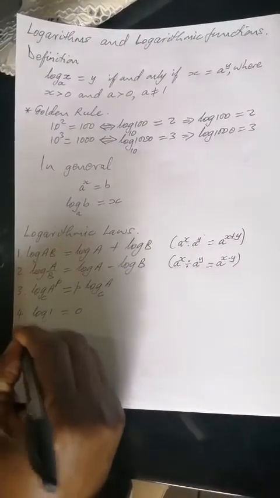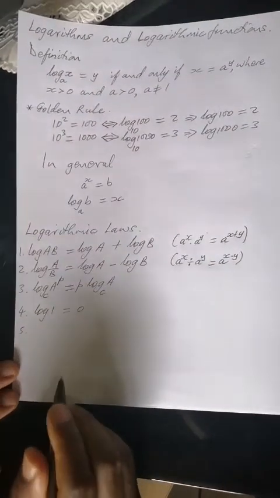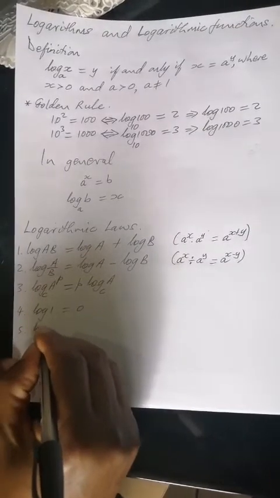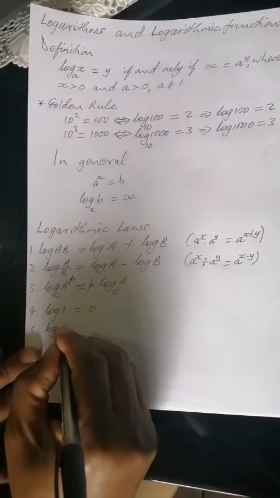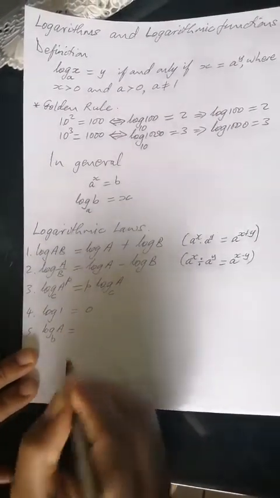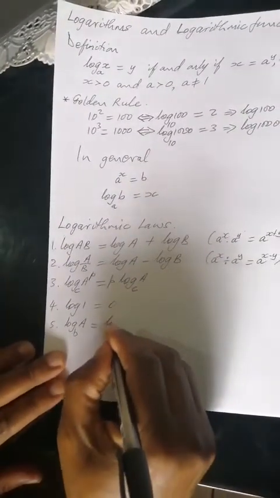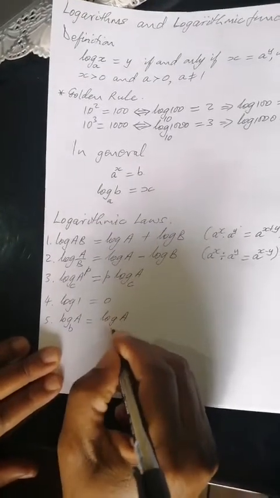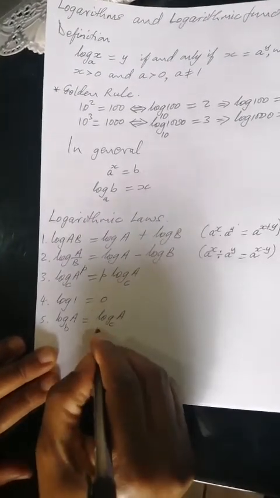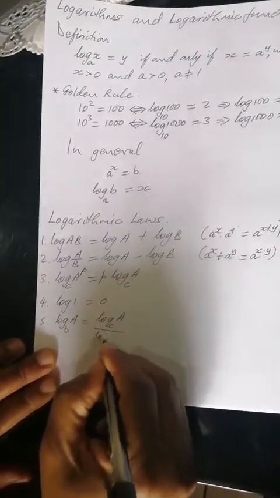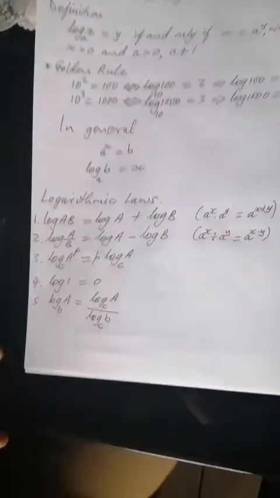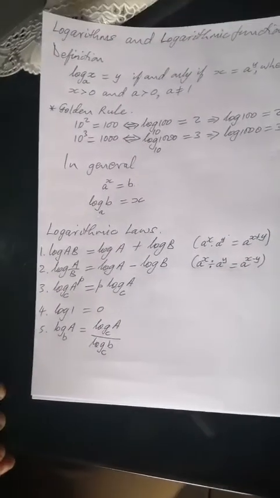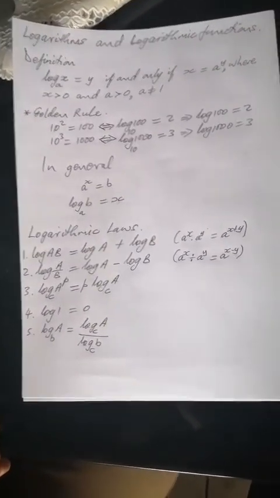And number 5, we have log of a in base b being the same as log of a in a base of our choice over log of b in the same base. Please take note of this as well.